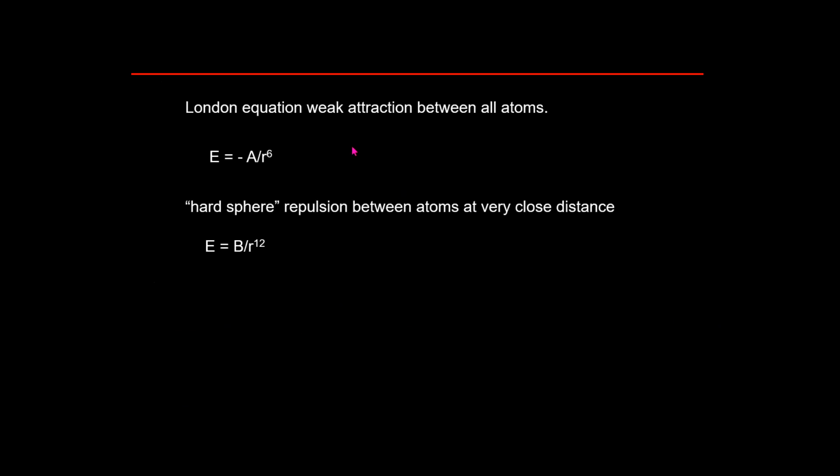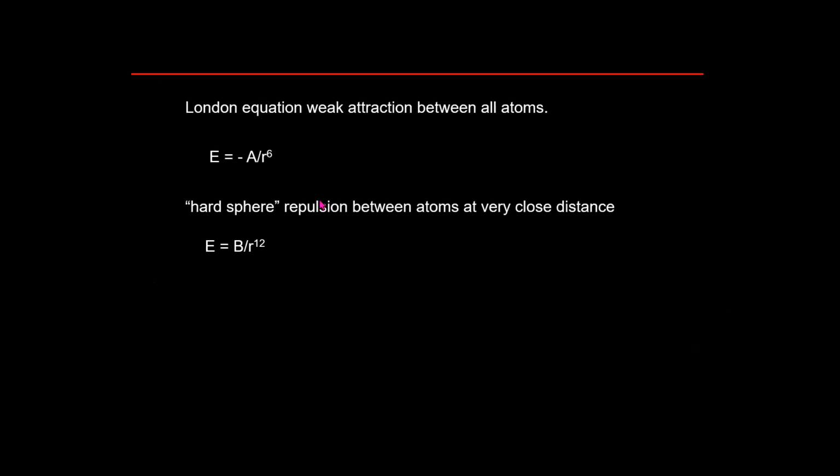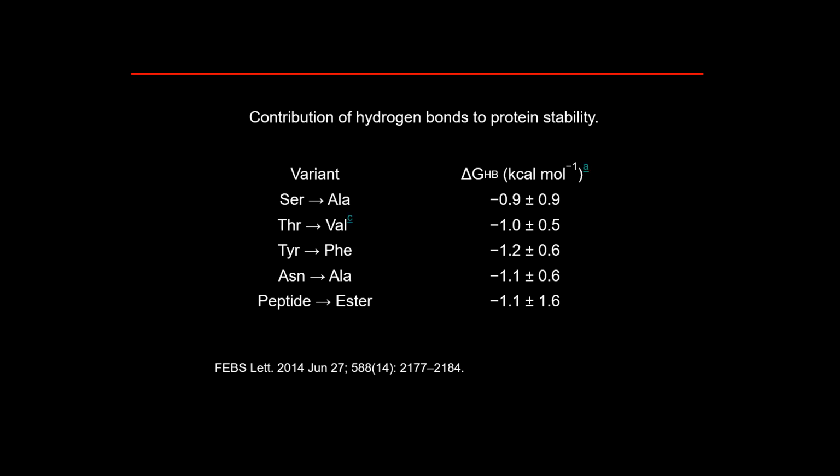And then you have this portion and this portion, and this is called the London equation. Okay, this is for the hard sphere repulsion between atoms. This is the weak soft attraction. So look at these energies for water, cyclohexane, protein, and so on actually.